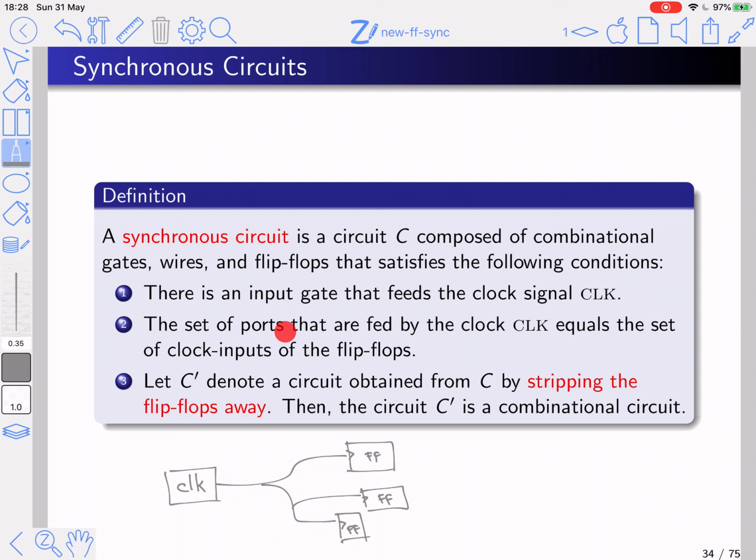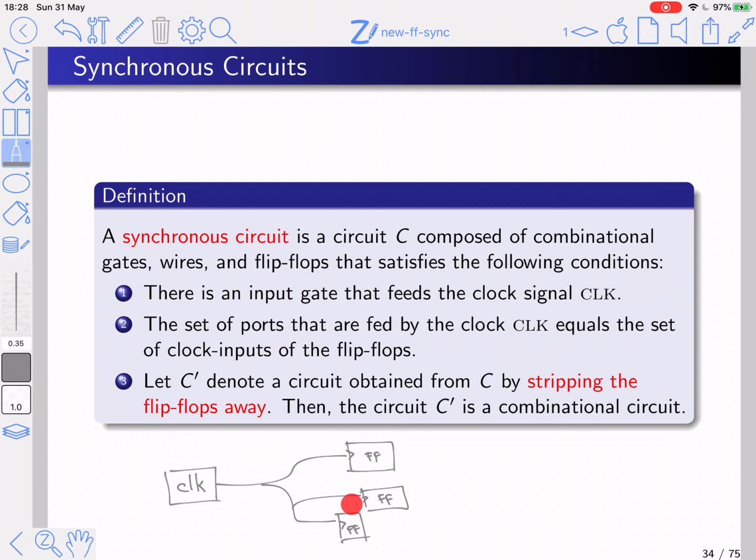Now, the set of ports that are fed by the clock net equals exactly the set of clock inputs of flip-flops. Okay, so this is our clock input, this is our clock network, and this clock network feeds exactly all the clock inputs of flip-flops.